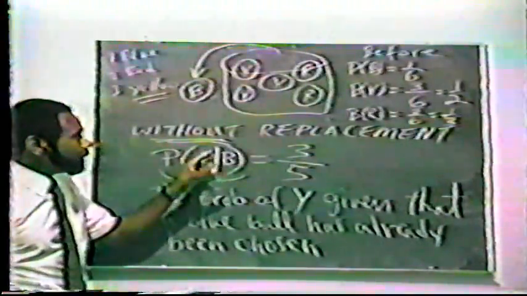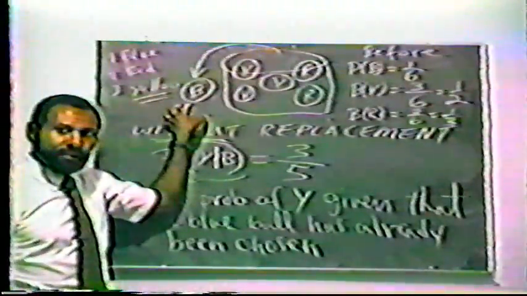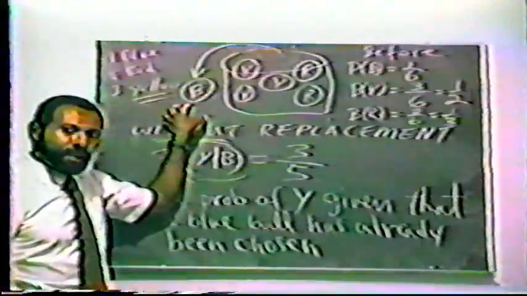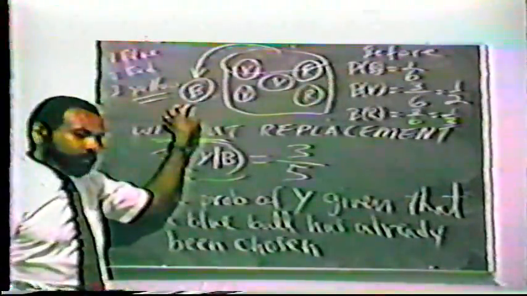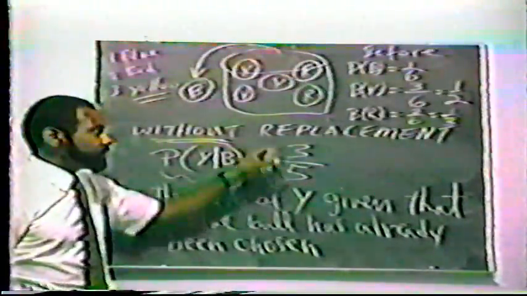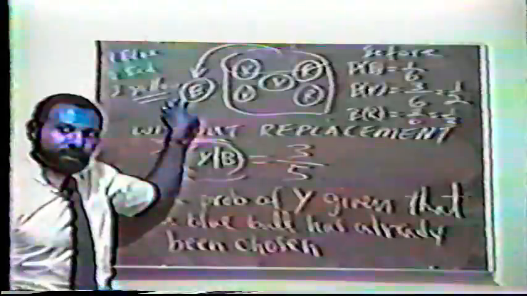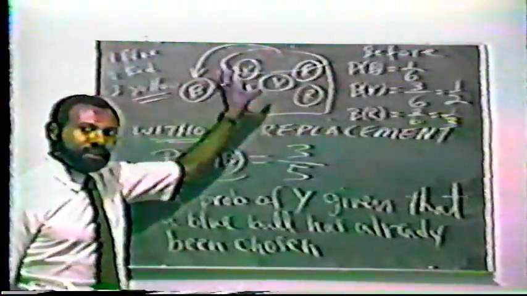So if the event of getting a blue ball has already occurred, and we're not going to replace the blue ball, the probability of getting a yellow ball will change because you took one of the balls out of the container. So you no longer have a total of 6 balls in the container.